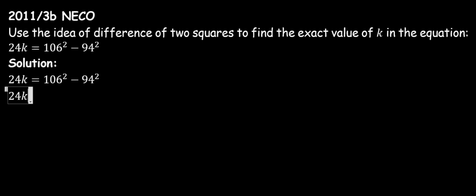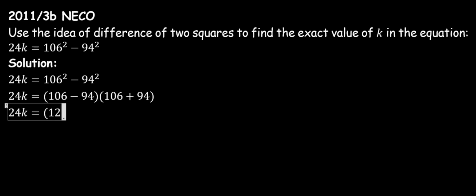We now have 24k equals, applying difference of two squares to 106² − 94², (106 − 94)(106 + 94). The result will be 24k = 12 × 200. What we have just done is 106 minus 94 gave us 12, and 106 plus 94 gave us 200. 24k will be equal to 2,400.